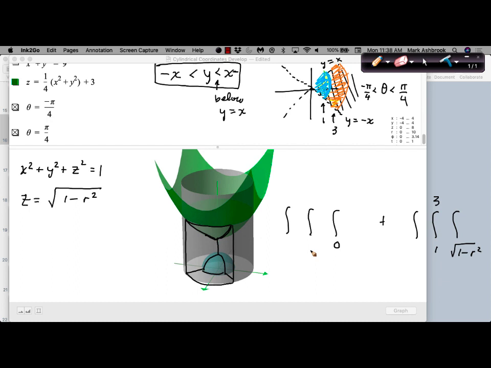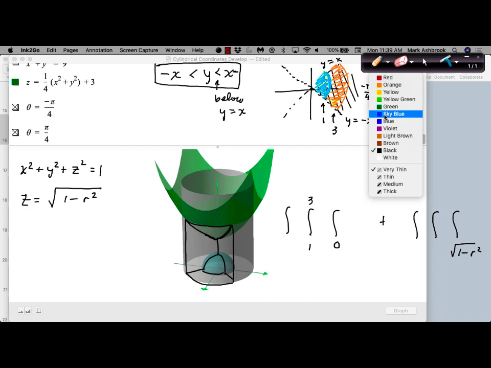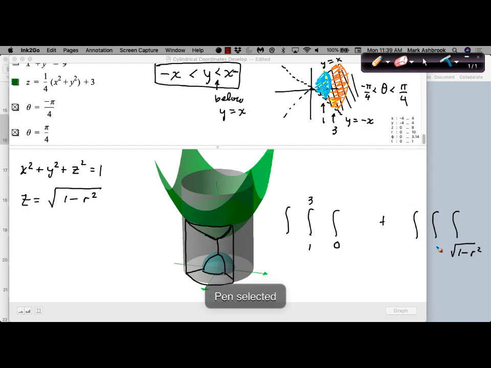So that's why I write it over here where z is. And when the arrow pierces in through the sphere, that's r from what to what? 0 to 1. Does that show up for the sphere? Good enough.